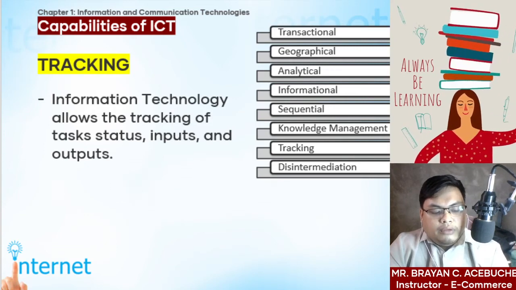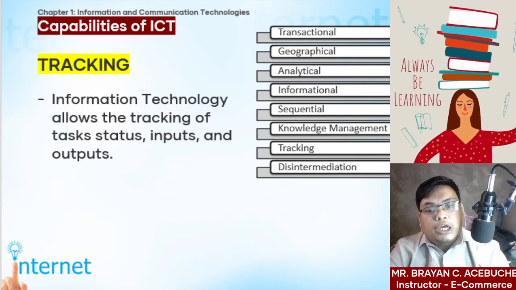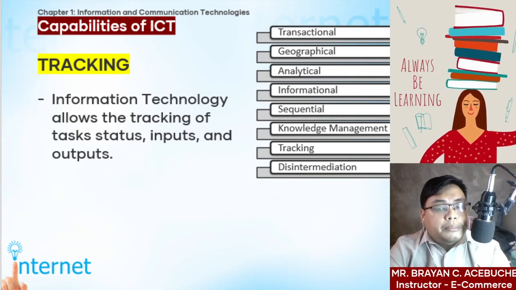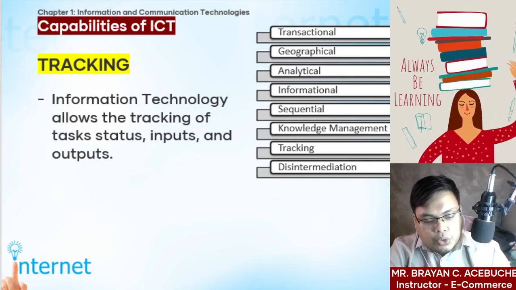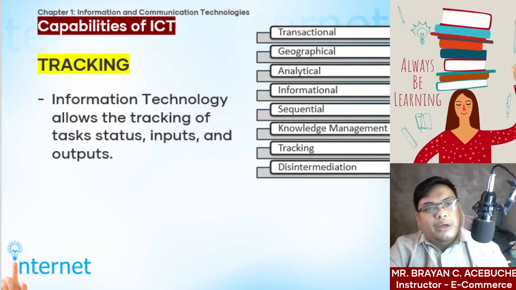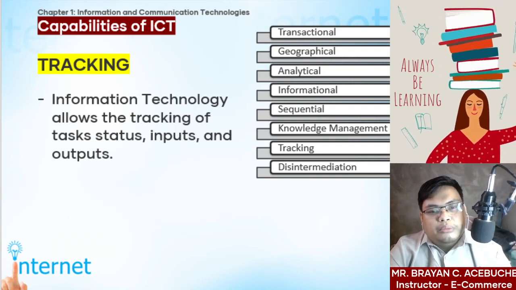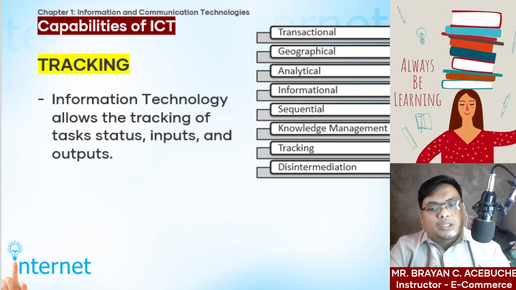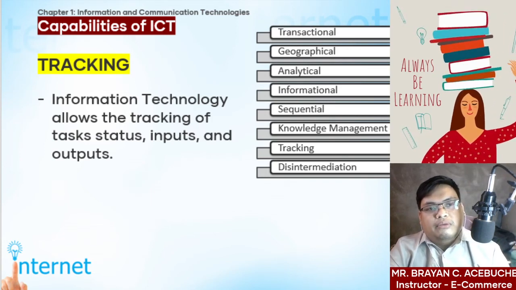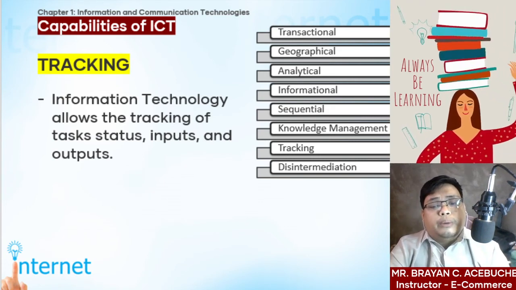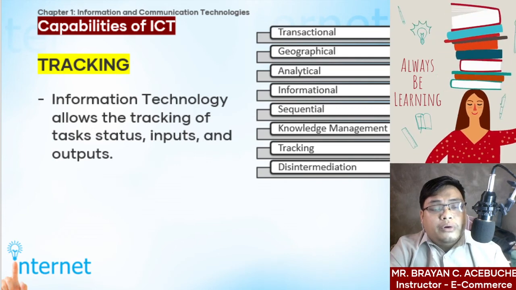Another capability is what we call tracking. Information technology allows the tracking of the task status, inputs and outputs. So natatrack niya yung mga status, yung inputs and outputs. 'Di ba minsan kapag mayroon tayong si boss, monitor niya yung ating mga activities in the work. Kaso hindi accessible yung person due to, let's say, telecommunication network problems before, 'di ba?